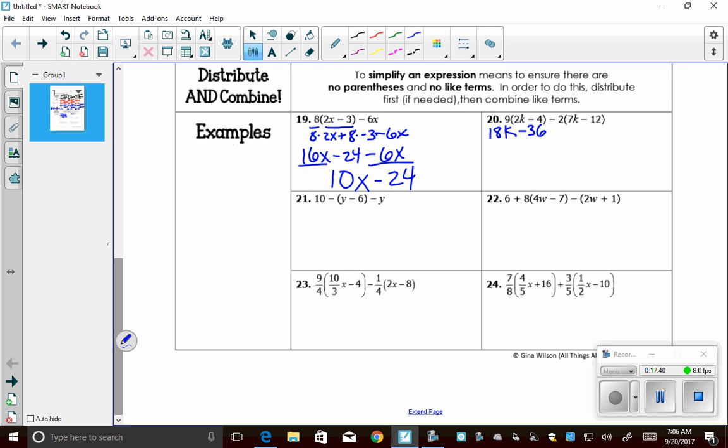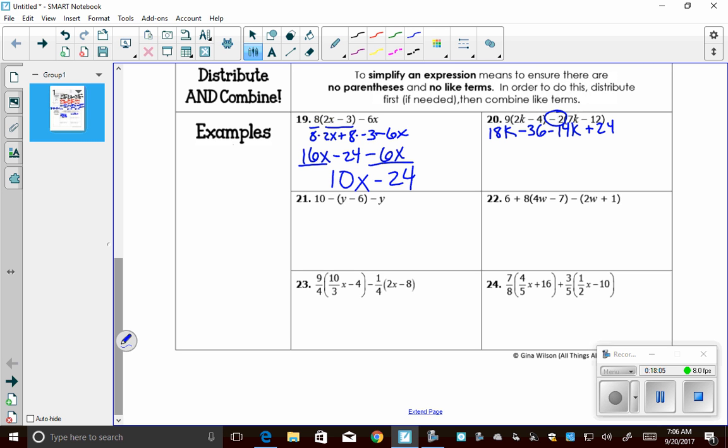With the second set of parentheses, you're not multiplying by 2, you're multiplying by a negative 2. So negative 2 times 7 gives me negative 14k, and a negative 2 times 12 gives me a positive 24.